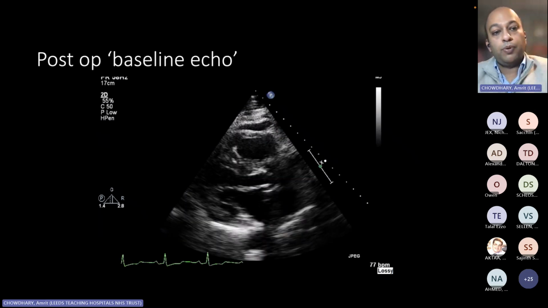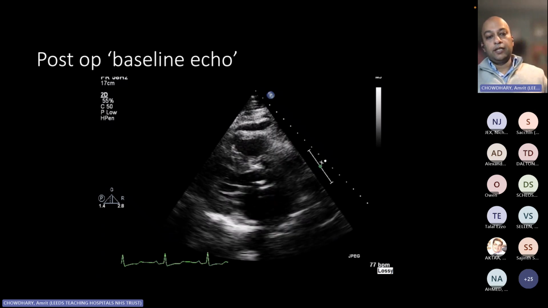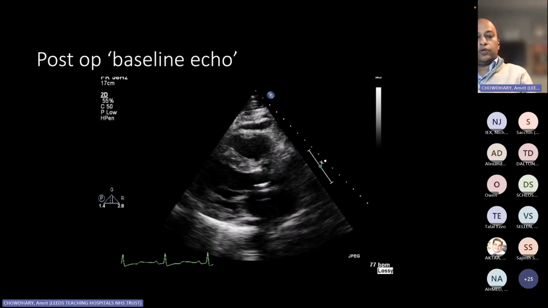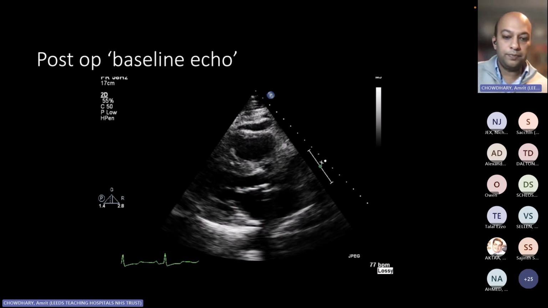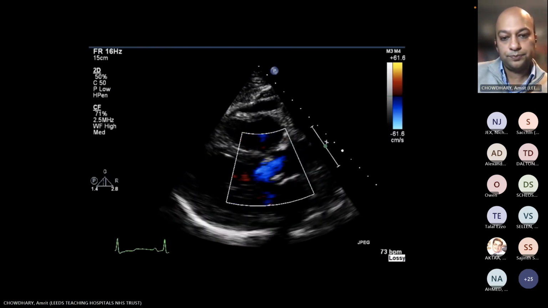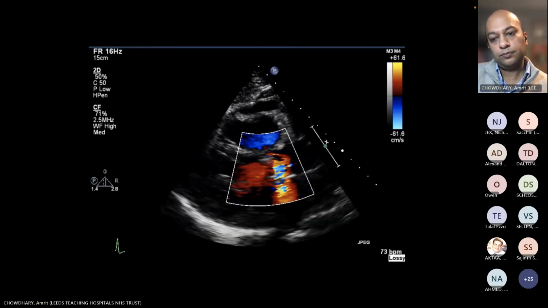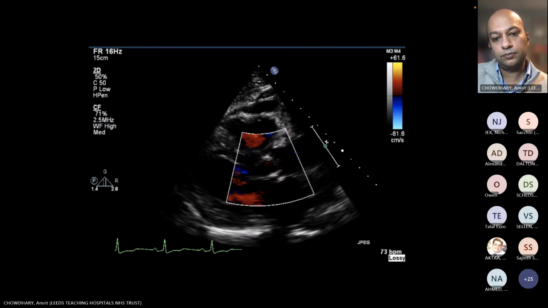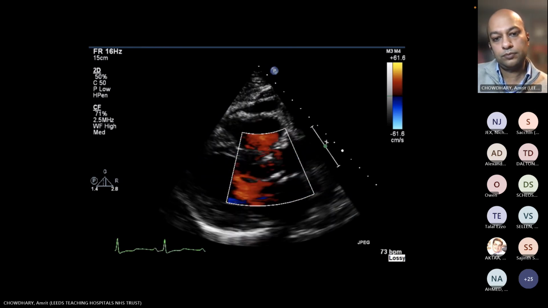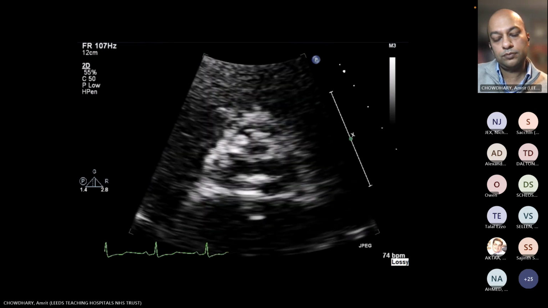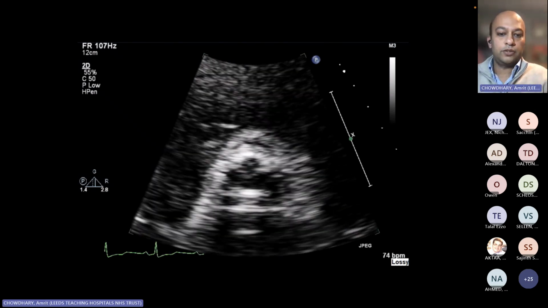So this is her post-op baseline transthoracic echo after her AVR. Nice short axis view.